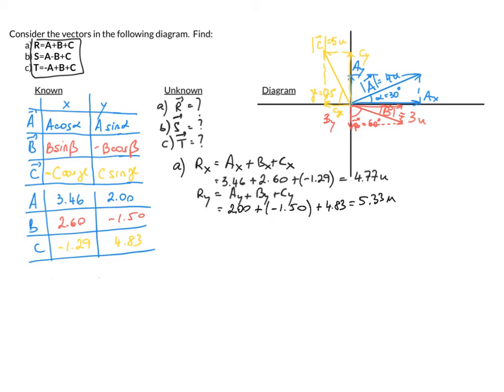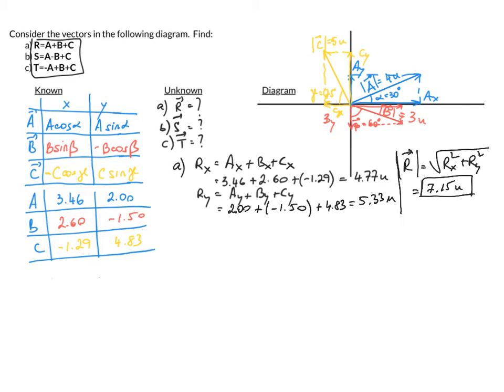So now I know that the magnitude of vector r, I'm going to write it like this, is the square root of rx squared plus ry squared. And that will be, plugging in the numbers, 7.15 units. So this is the magnitude of r.